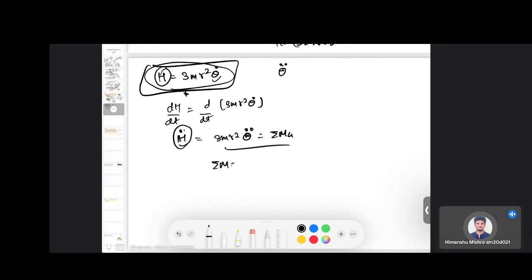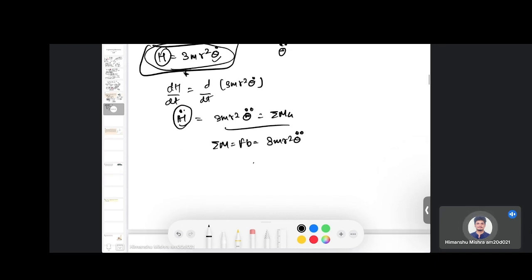So the summation of moments, Fb, equals 3m r square theta double dot. So my angular acceleration theta double dot will be Fb over 3m r square. So this is my angular acceleration.